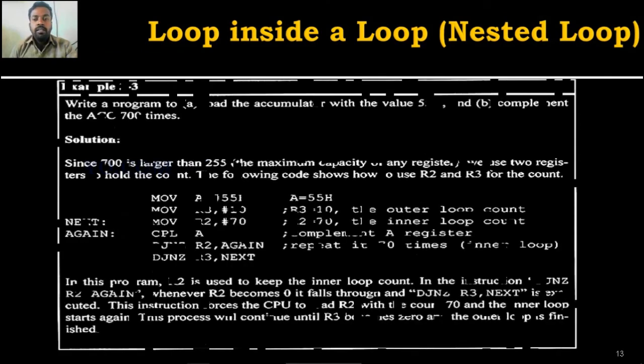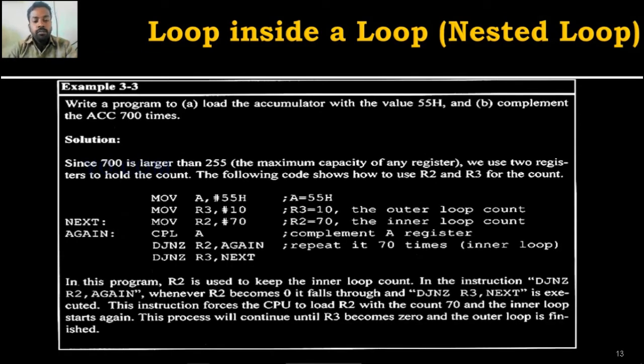Then a loop inside a loop, that is a nested loop. See, write a program to load the accumulator with the value 55H and complement the accumulator 700 times. Since 700 is larger than 255, the maximum capacity of any register, we can use 2 registers to hold the count.